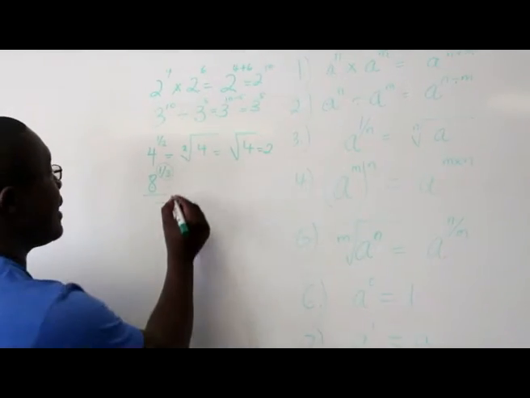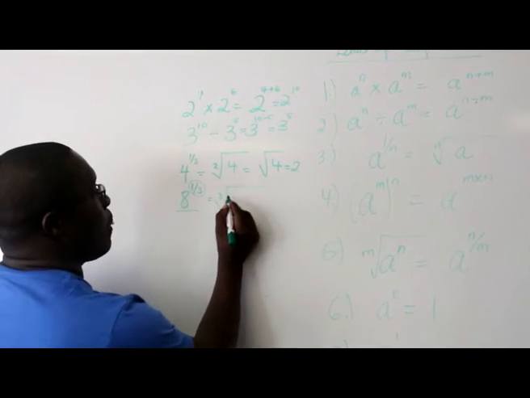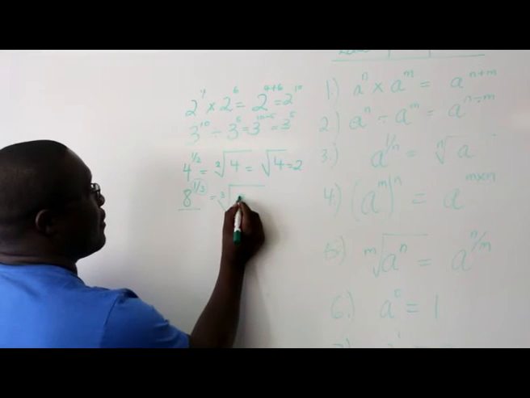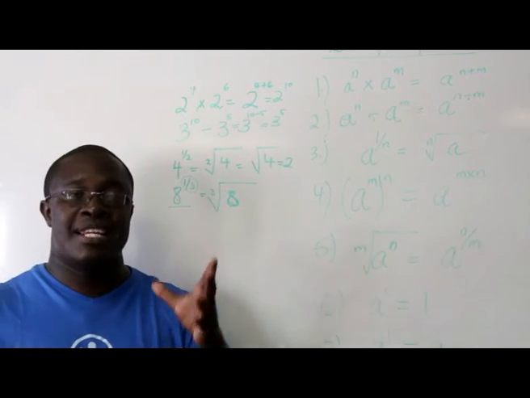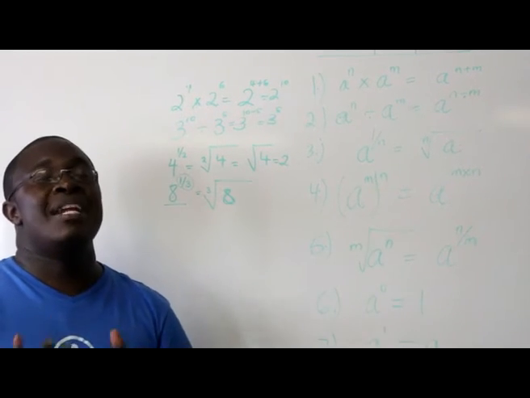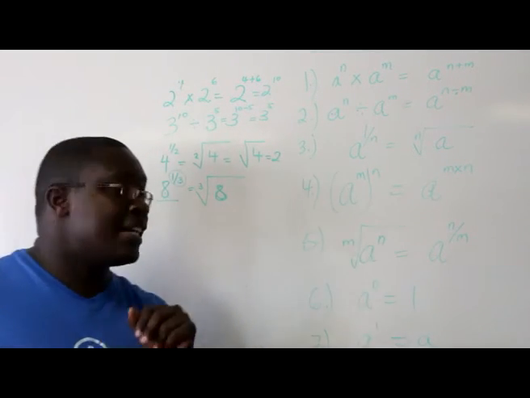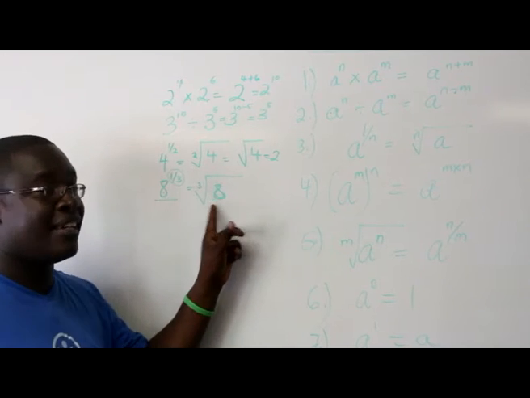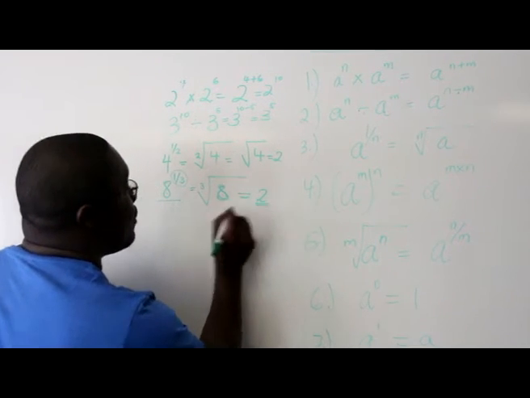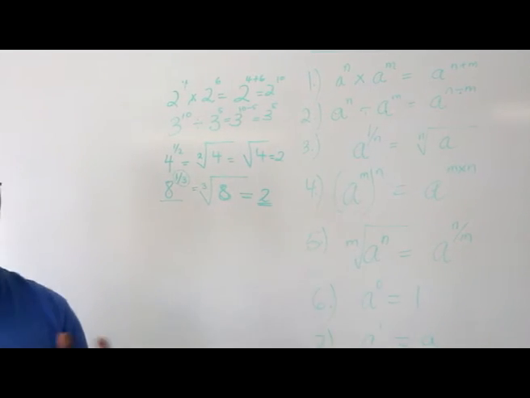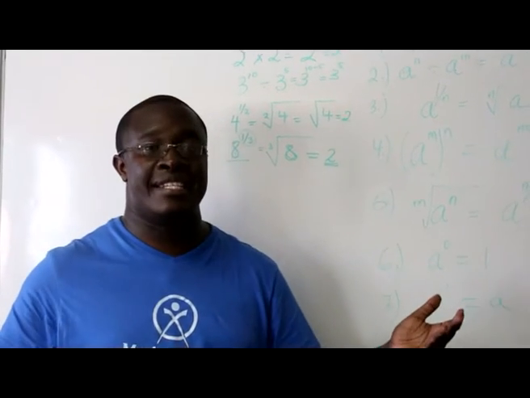So it's going to be the cube root of 8. We're asking what number will multiply itself 3 times to give us 8. You will get 2, because 2 times 2 gives you 4, and 4 times 2 gives you 8.